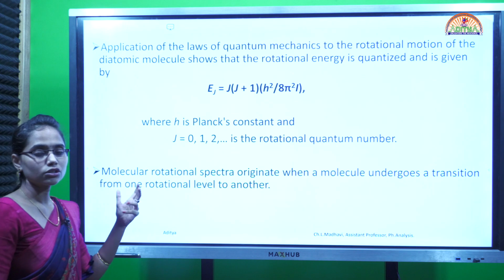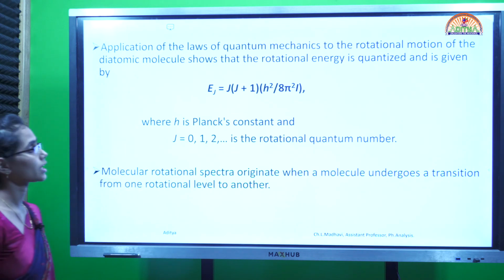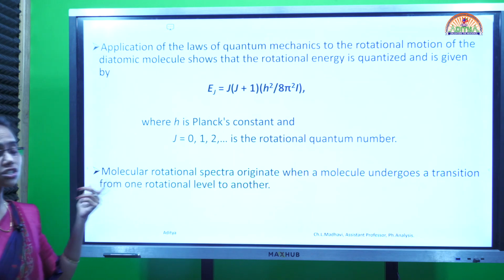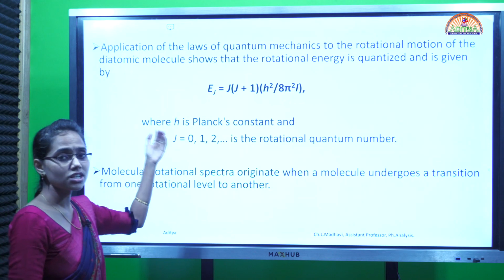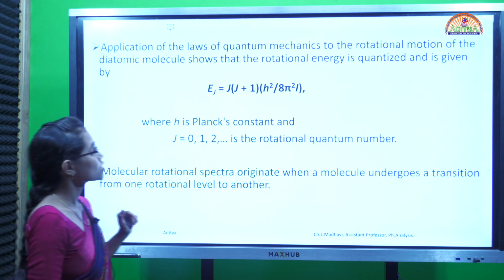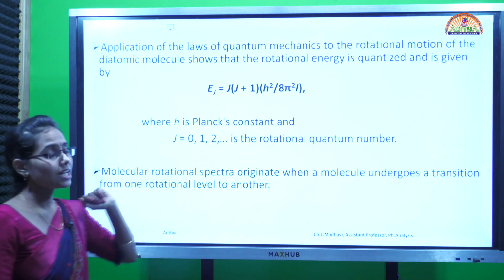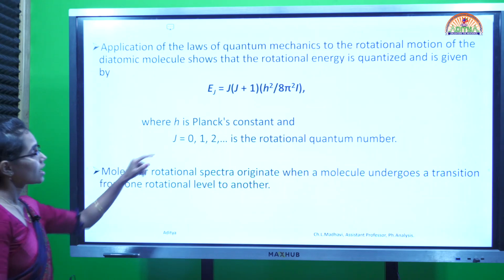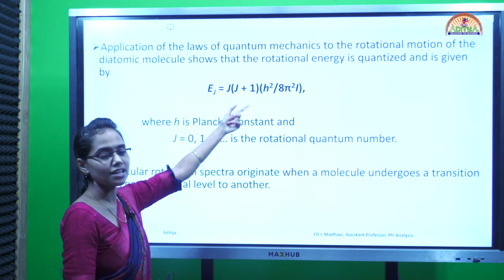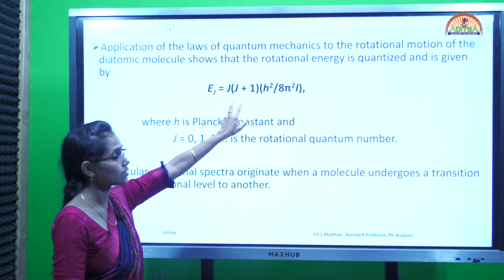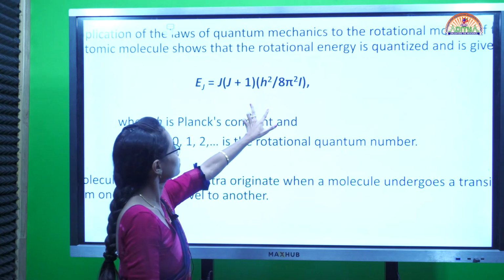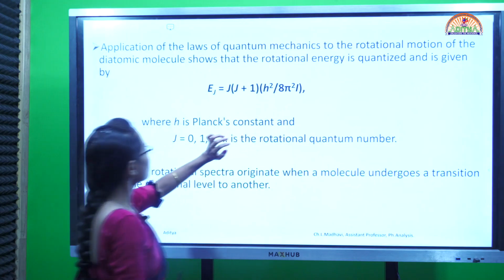If we apply the laws of quantum mechanics to this moment of inertia, the rotational motion of the diatomic molecule shows that the rotational energy is quantized. So here we see the rotational energy for a rigid molecule, given by E_J equals J into J plus 1 into h square by 8 pi square I. Here J is the energy level and J plus 1 is the next energy level, so these are two different energy levels. h is Planck's constant, pi is 3.14, a constant value, and I is the moment of inertia.